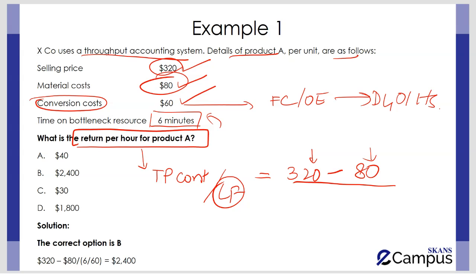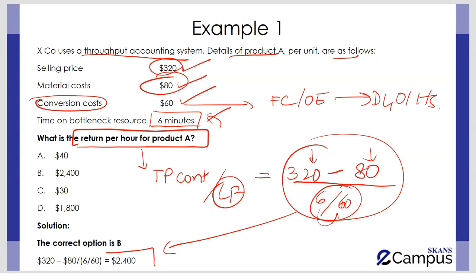So limiting factor per unit is 6 minutes, but of course we'll have to convert 6 minutes into hours because return per hour is required. So 320 minus 80 divided by 6 divided by 60. So this is to convert minute into hours. So when you solve this, you will get return per hour as $2,400, which is option B here.